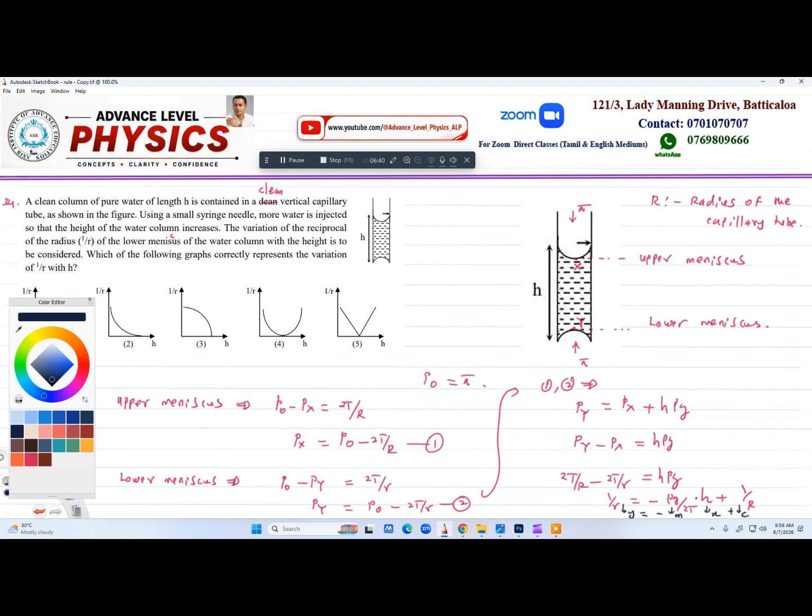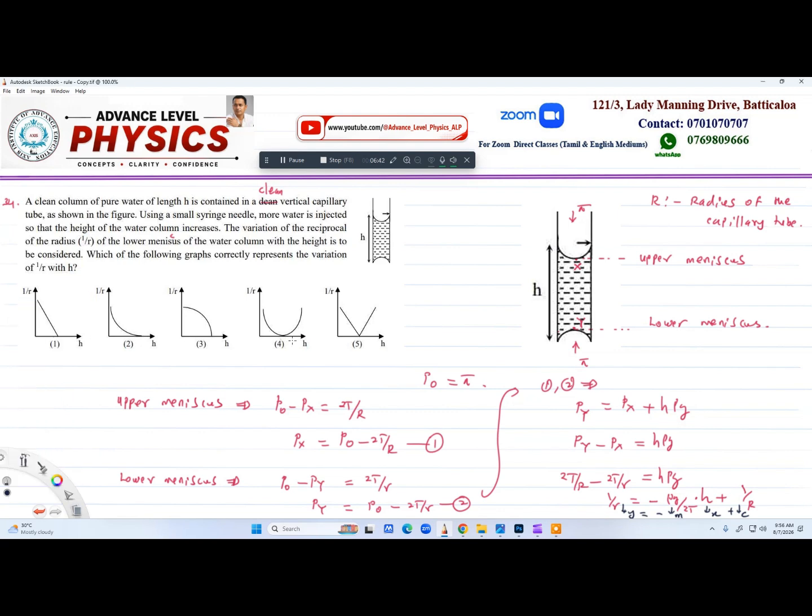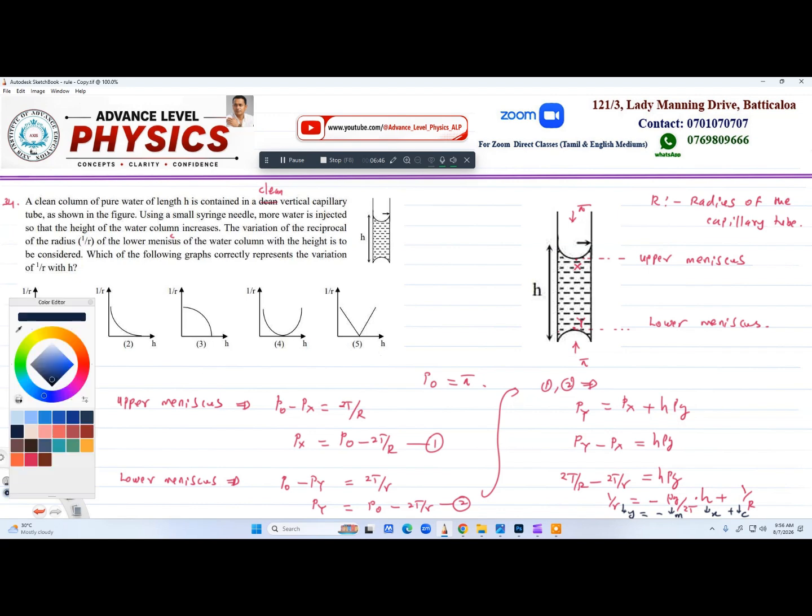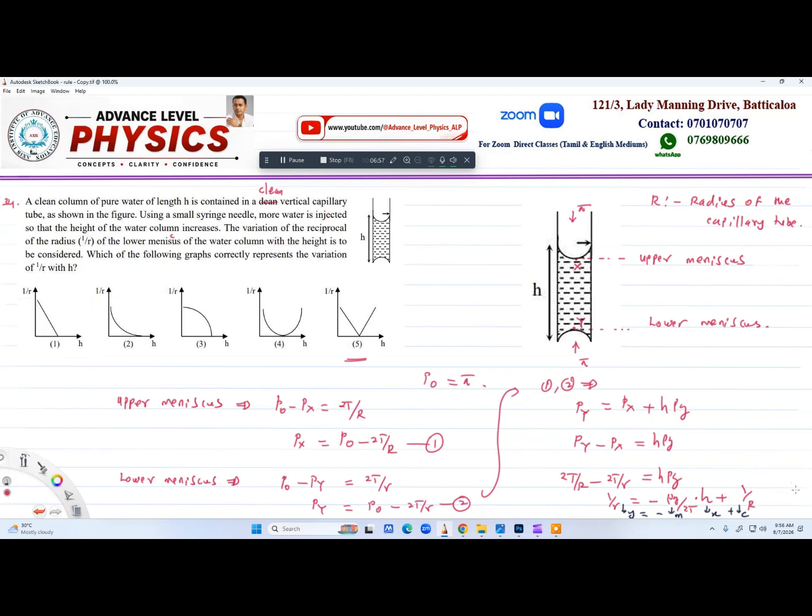So the possible options can be the first one and the fifth one. We can choose the fifth one because when water is injected further, this meniscus will become flattened and thereafter it will become like this.